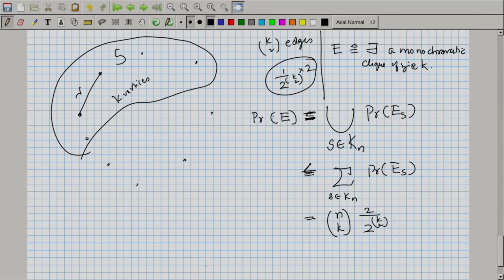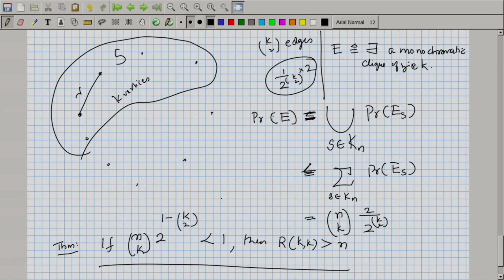Now, if this quantity is less than 1, then the probability of E is less than 1, so we can write this as a theorem: if n choose k times 2 raised to 1 minus k choose 2 is less than 1, then R(k,k) is going to be greater than n.